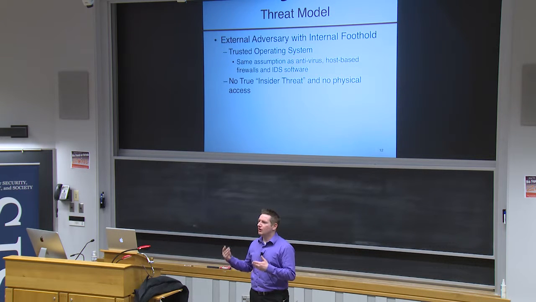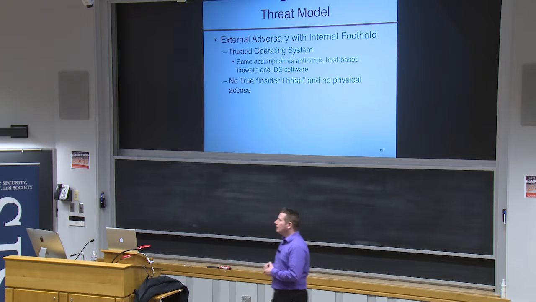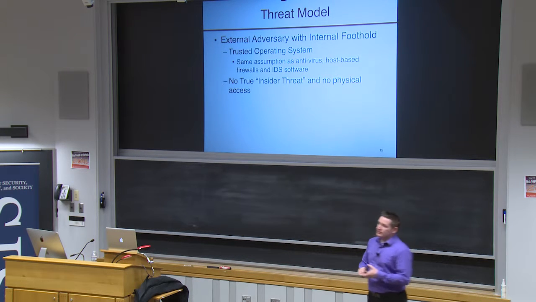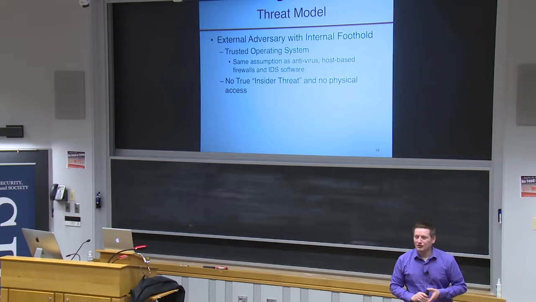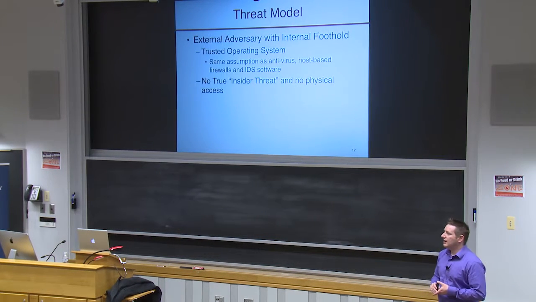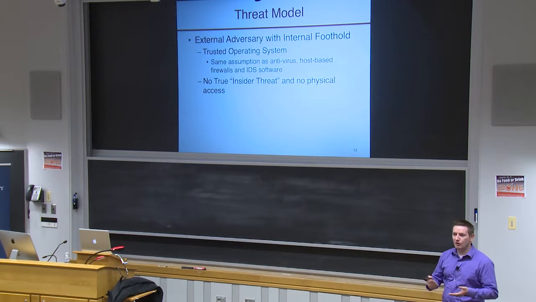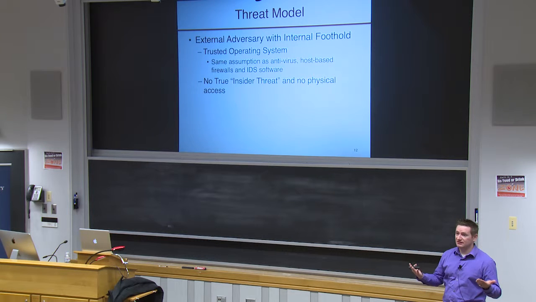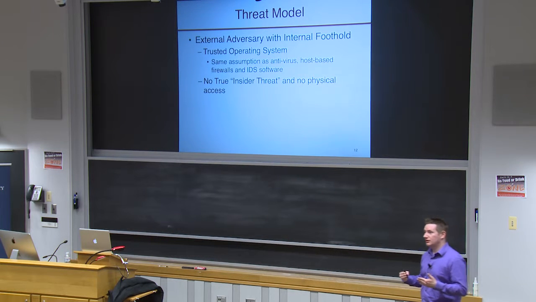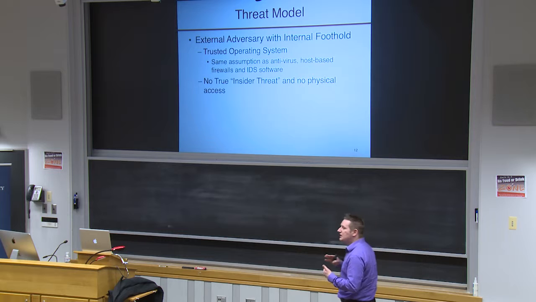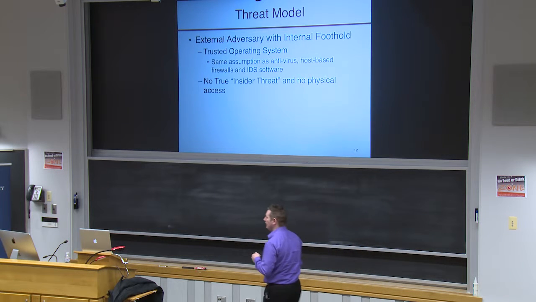And we don't assume that all those users have root access because there's some defensive mechanisms there. Further, this assumption of a trusted operating system is one that we make all the time when we talk about antivirus or host-based firewalls or any real host-based defenses that rely on this notion of a trusted kernel. So while it makes us a little queasy, we're still going to just jump in with both feet on that.